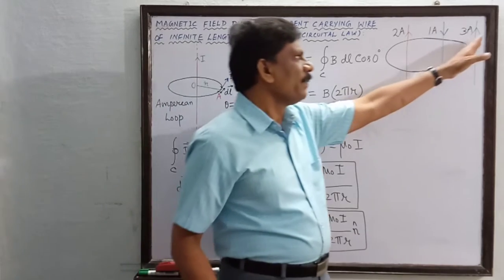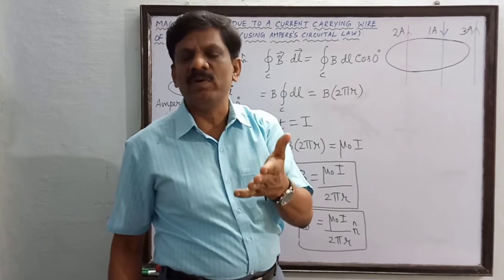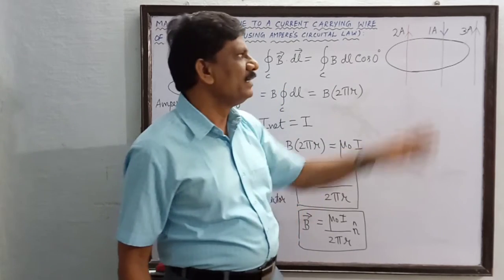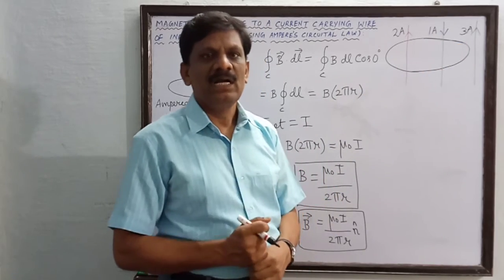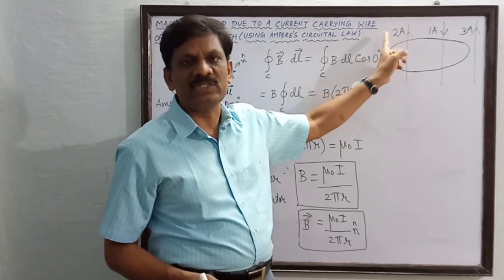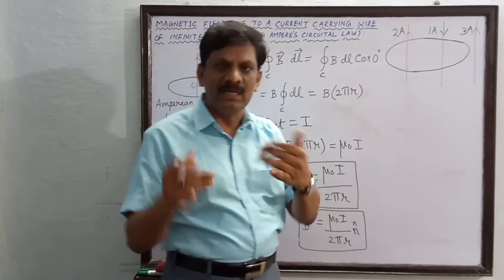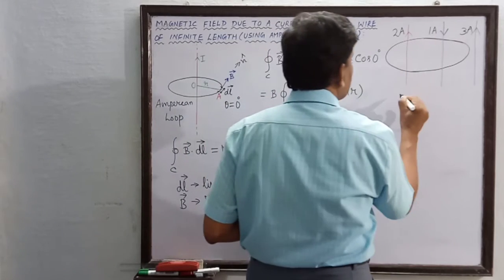The third conductor, since it is outside the Ampere loop, is not going to contribute. Therefore it is neglected. Only these 2 conductors we have to analyze. One conductor is carrying the current in the upward direction, the other in the downward direction. Therefore, what is the net current in this case?